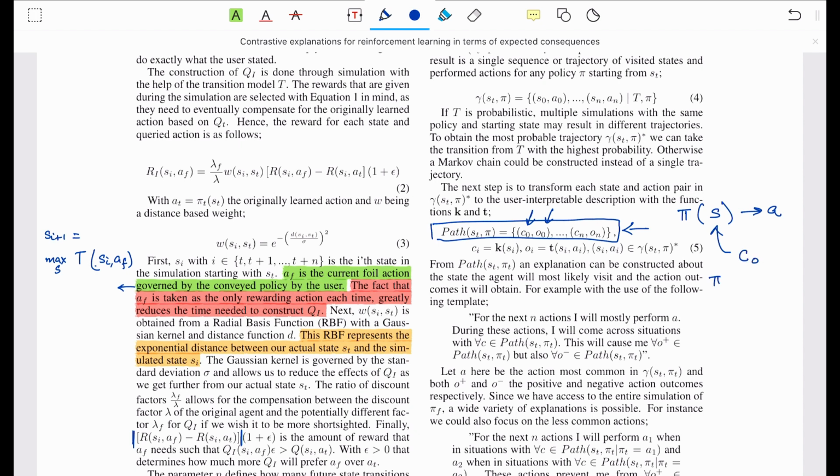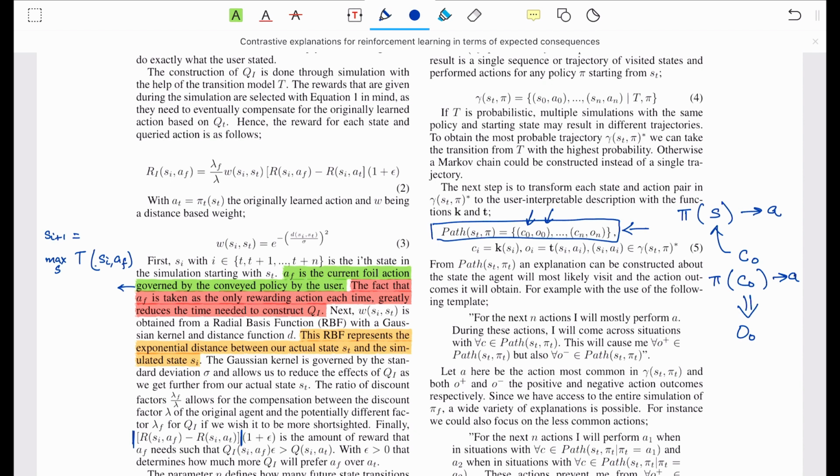So if I use my policy over this C0, I'll probably take action A, which will end up in a state where these O0 outcomes are true.